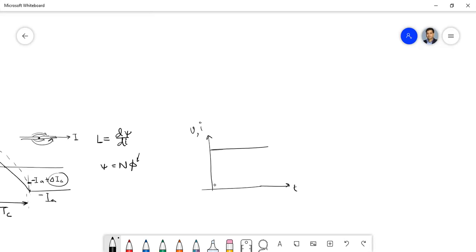Do you remember? If the circuit is resistive, the current follows the voltage, and if there is some inductance, there will be a delay in the current.